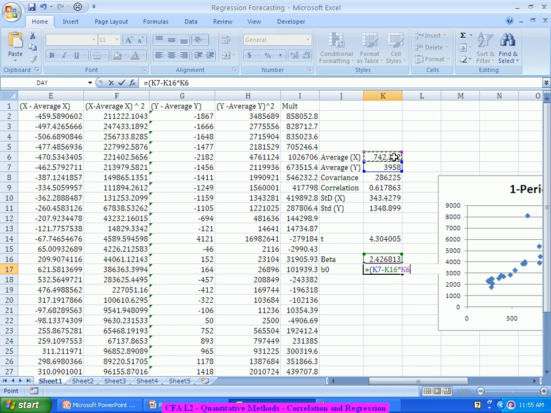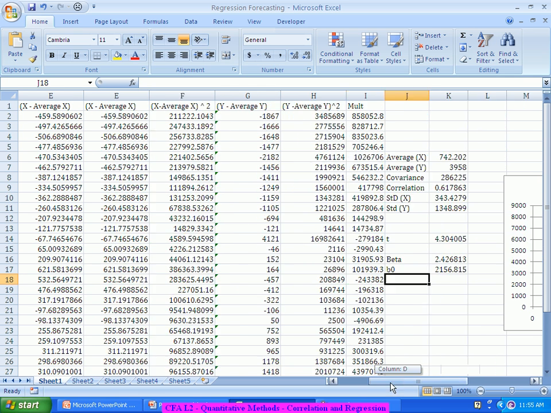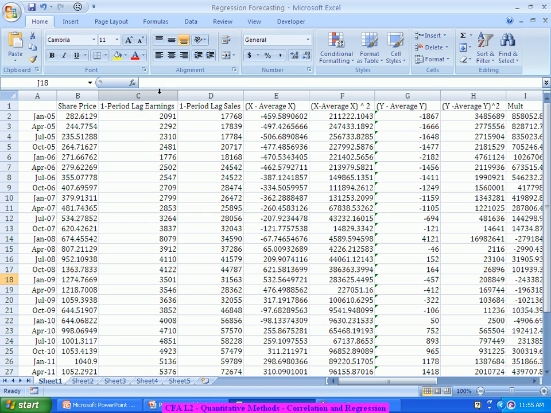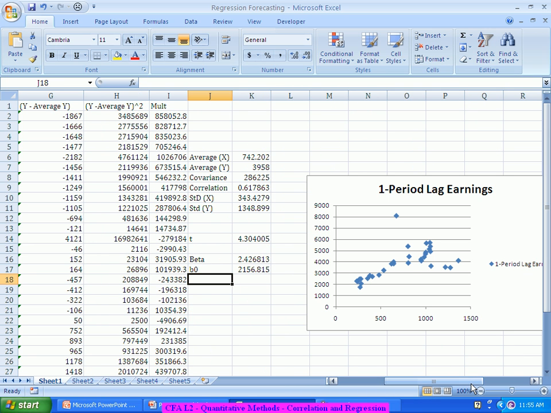This is my number. That gives me the value of b naught. So in simple terms, this equation is y, where I've taken the 1 period lag earning as y, equal to b naught, which is 2156, plus 2.42 times the other variable x, share price.